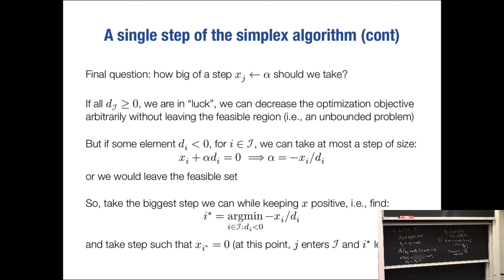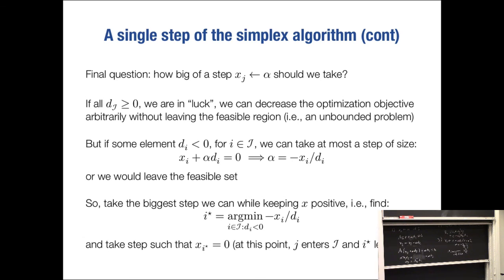Yeah, there's a question over there. The question is, can you have different step sizes? You always want to take as big a step size as you can. Because if I take too small a step size, I'm not moving all the way to a corner. I'm kind of stuck in between. There's no reason to take a smaller step size than the biggest one I can take.